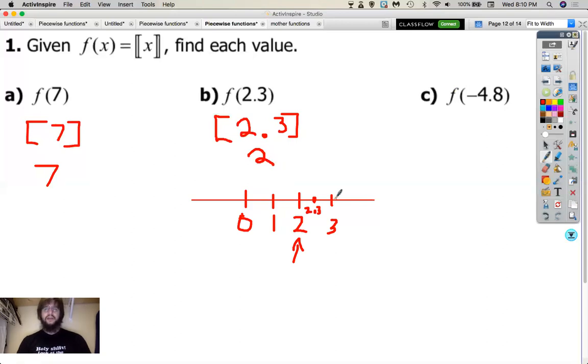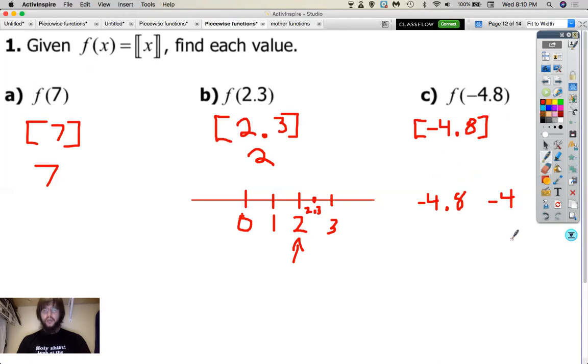Not too terrible, right? F of negative 4.8. Let's see. This means the greatest integer that is less than or equal to negative 4.8. Well, that's obvious, right? That's negative 4, isn't it? No, it is not. Let's compare negative 4 and negative 4.8. We have negative 4.8 and we have negative 4.